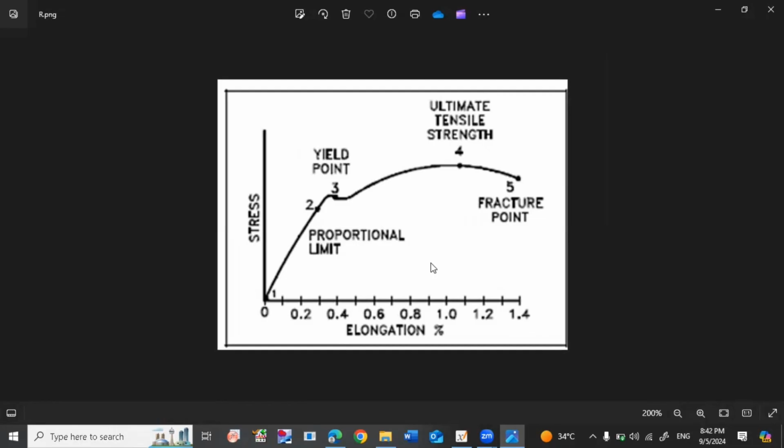If we pass point 2, we are going to the yield point, and this means permanent deformation in our material. And if we continue, there will be a plastic area, and at the end, there will be a fracture point where our material breaks. So in this area, we are going to determine the elasticity constant, and there will be no permanent deformation in our material.